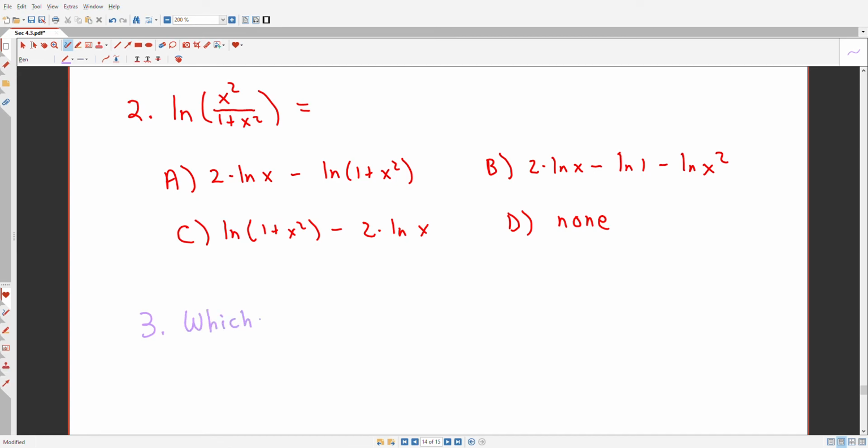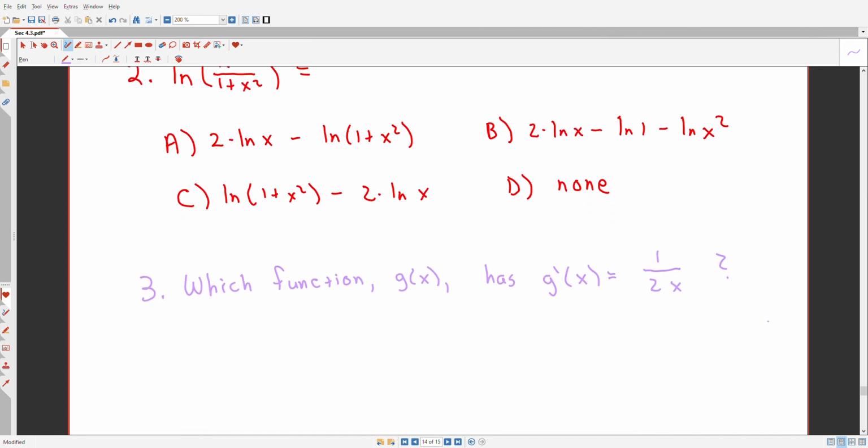Which function, I'll call it g of x, has g prime of x equal to 1 over 2x? Give you guys some options here.